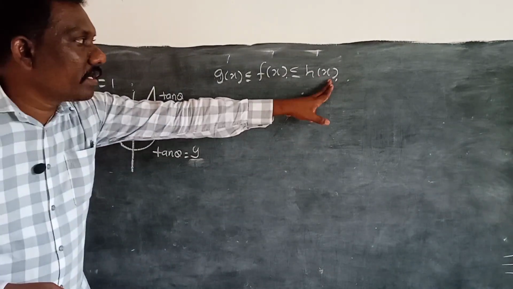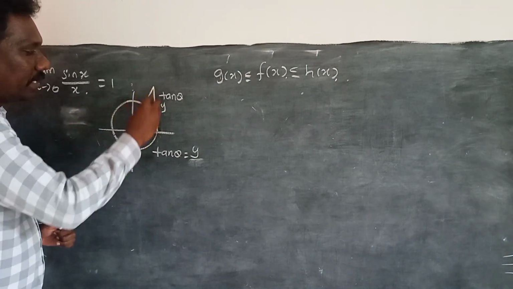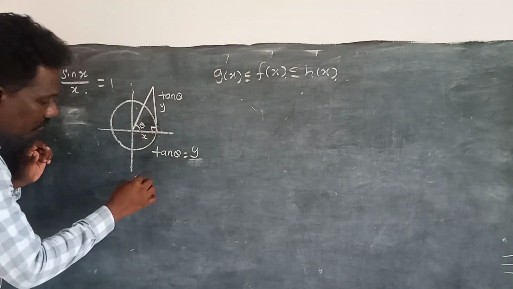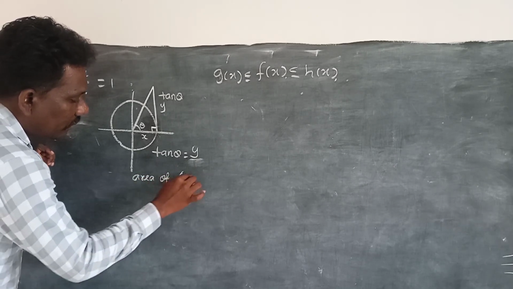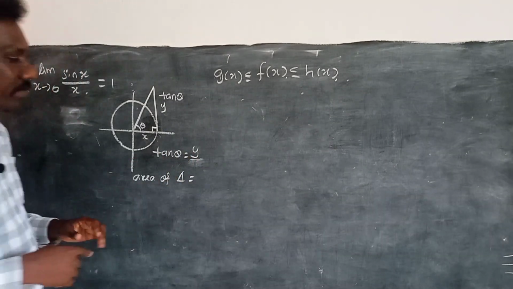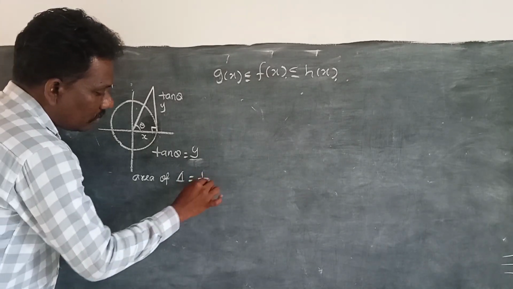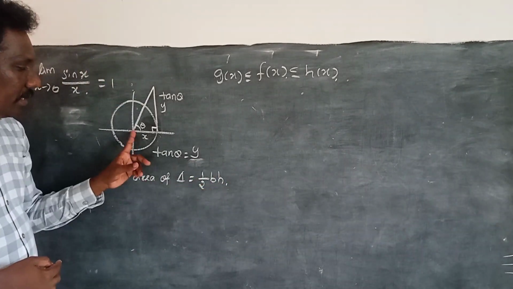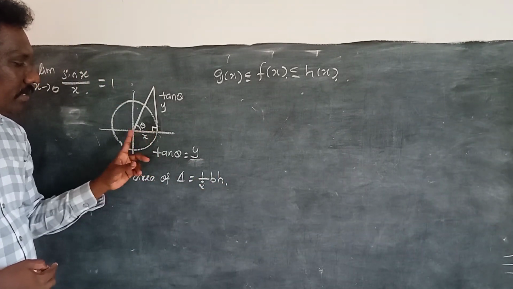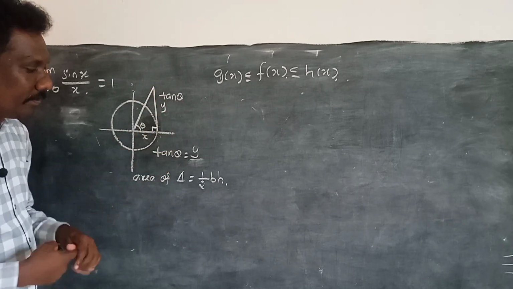To define this h of x, I need the area of this right angle triangle. What is the formula for the area of a right angle triangle? The formula is 1 by 2 base times height. Our base here is 1 since it is the radius x, and our height is tan theta.